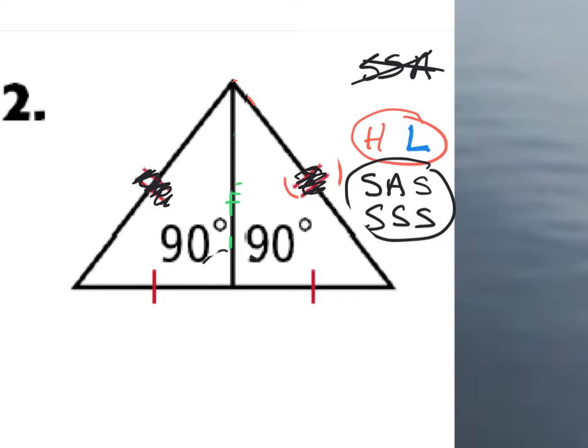She's looking at the line in the middle and saying the reflexive property allows me to say that this line is congruent to that line. Would you agree with that? And then she looks at the bottom one and goes, oh, yeah, this one is congruent to that. And in the middle, I've got this 90-degree angle congruent to the 90-degree angle. This is SAS. Something I hadn't even considered.